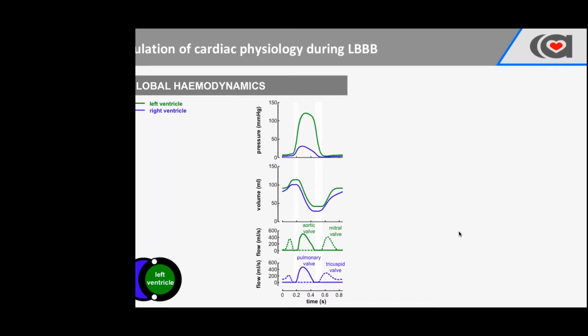Now, if you look here at the results of our CircAdapt model, you can see what we were able to do with our very simple TriSeg model.